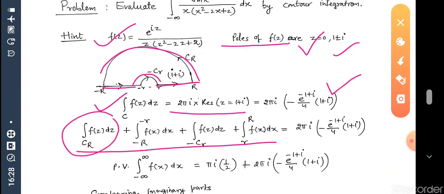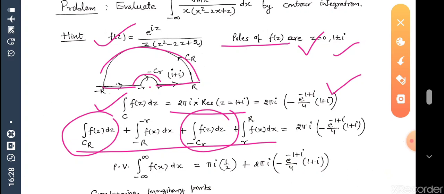This integration is evaluated by Jordan's lemma, which has value 0, and this integration is solved by the theorem which we discussed in this lecture.